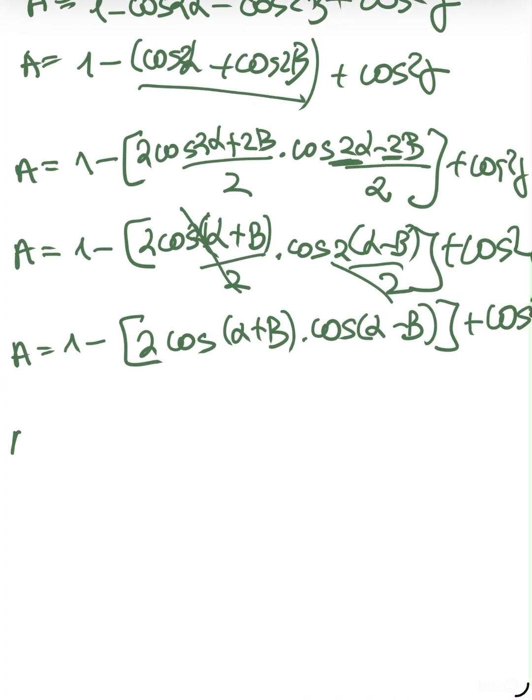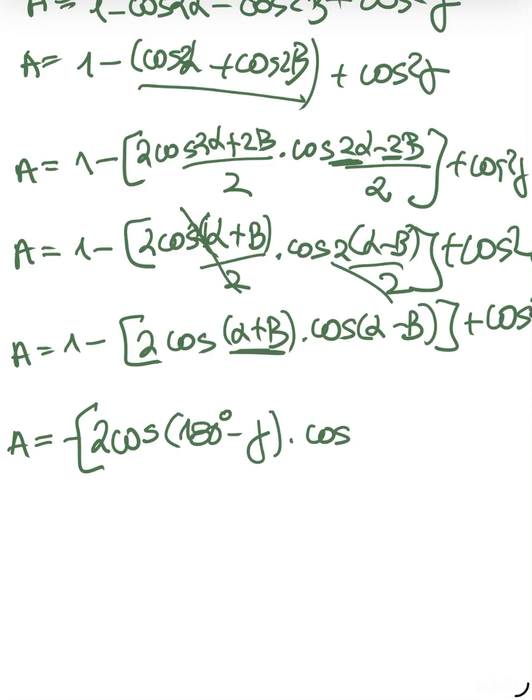Now we have this minus 2 times cosine, but before releasing the brackets, do not release them. We have alpha plus beta. We know that alpha plus beta is 180 minus gamma, times cosine alpha minus beta, and plus cosine 2 gamma.